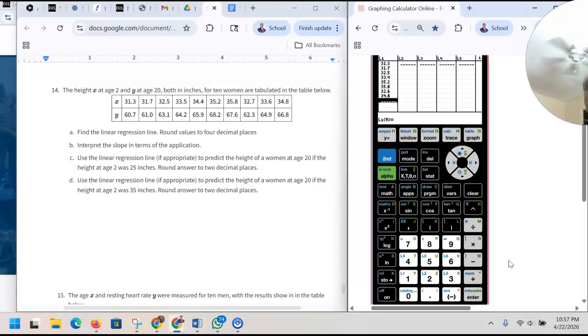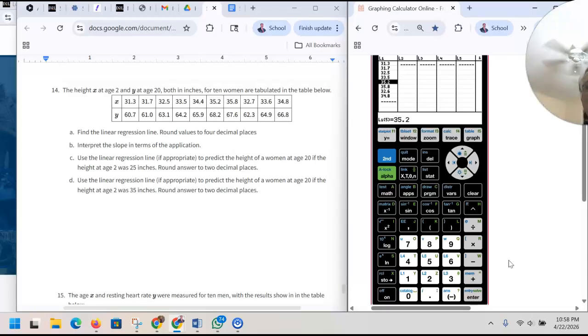So enter. Now let's go back and make sure we have everything. I think I messed up somewhere. I think this should be two times. I missed something there. So 32.5 and 33.5, that's the one I missed.